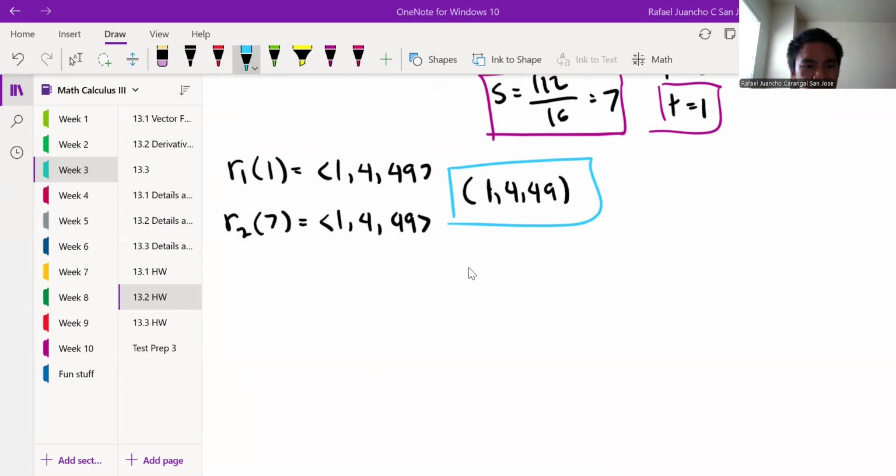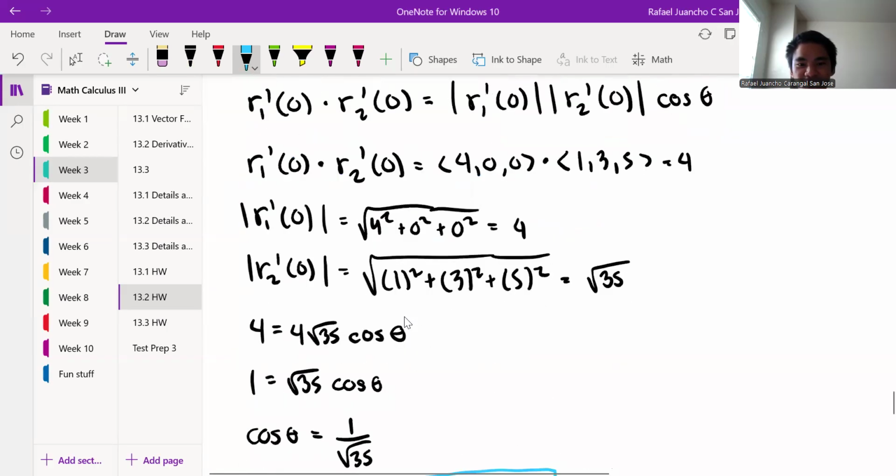Oh, and we're also being asked to find the angle of intersection. So now we want to find that. Well, to find their angle of intersection, we need to get their derivatives again at that point. So it's the same concept as before.